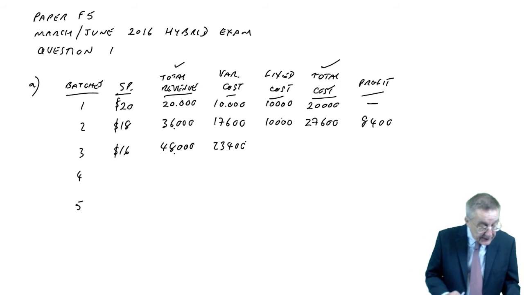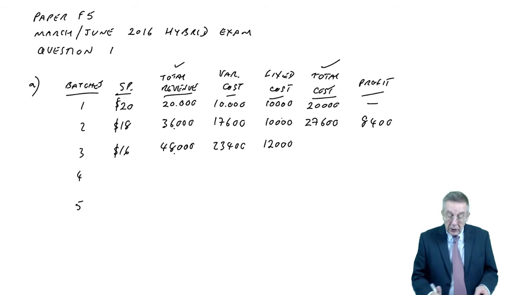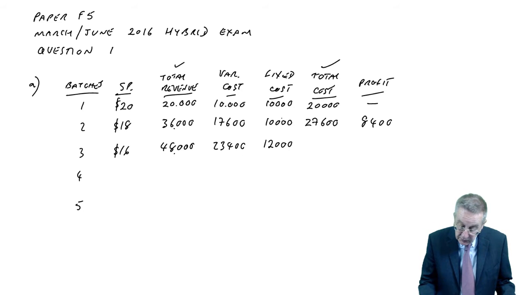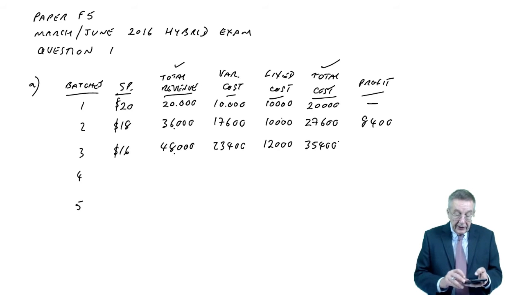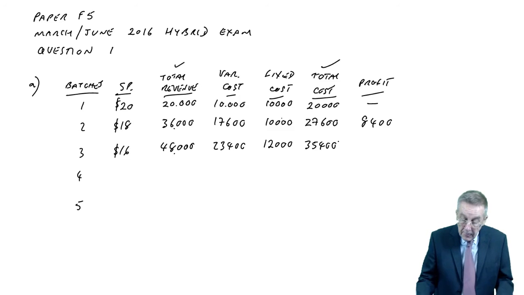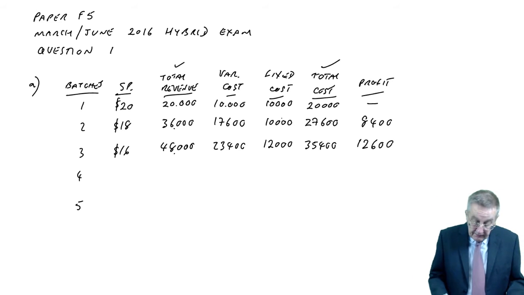The fixed costs, 12,000. And so total costs, fixed plus variable, 35,400. And therefore, the profit, revenue 48,000 minus 35,400 is 12,600. We're doing better. What about 4 batches?